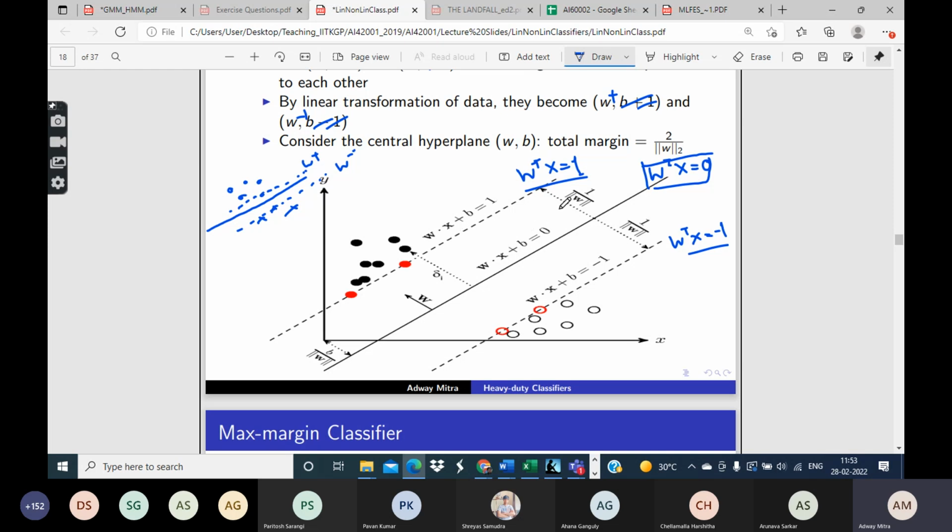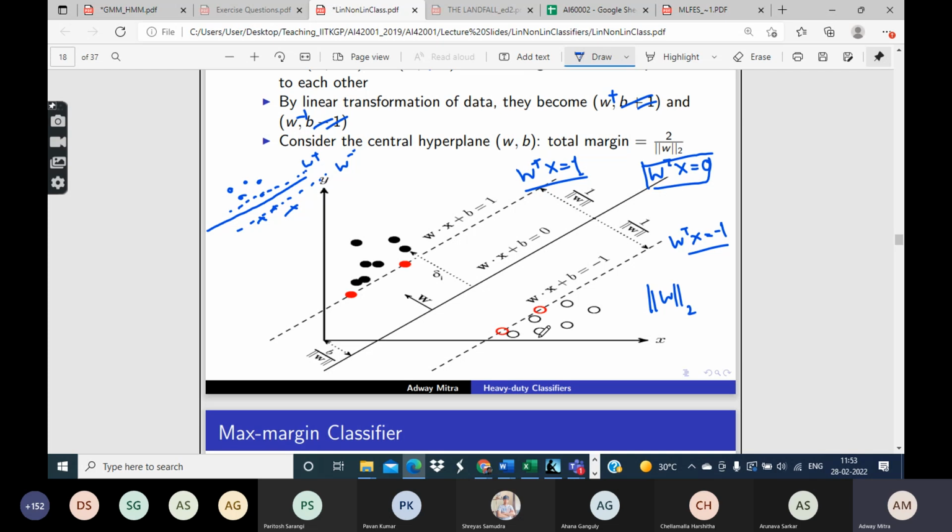The margin, applying the formula for the distance between two parallel lines, becomes 1 by the norm of W, where the norm is basically the L2 norm, right?